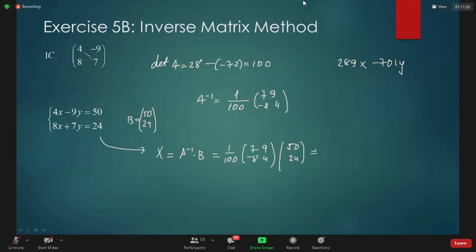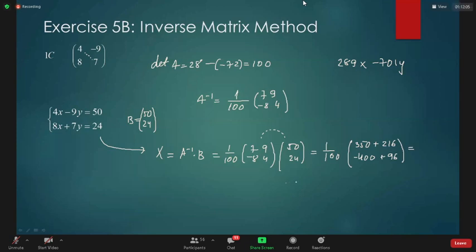And so multiplying. I'm starting by multiplying these, and then in the end, I will multiply by 100. So 7 times 50 is 350, plus 9 times 24 is 216, I think. Now, minus 8 times 50 is minus 400, plus 4 times 24, that's 96.